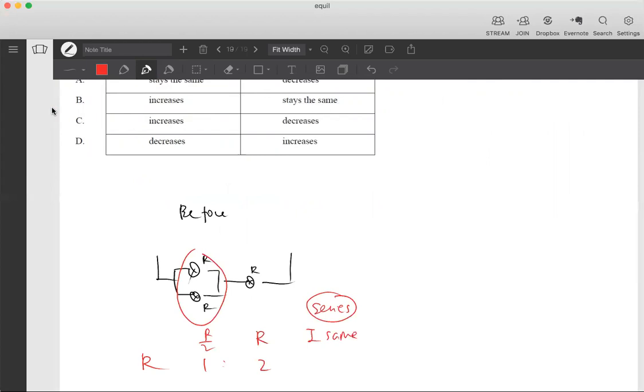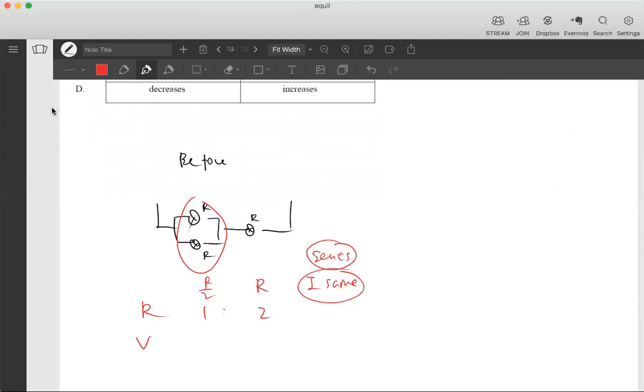If the current is the same everywhere, then their voltage ratio is just going to be 1:2. If the battery has an EMF, this part has a third of the EMF, and this part has 2/3 of the EMF.